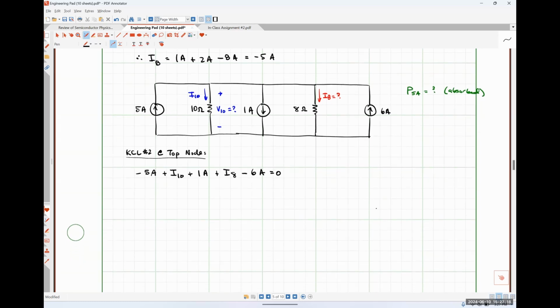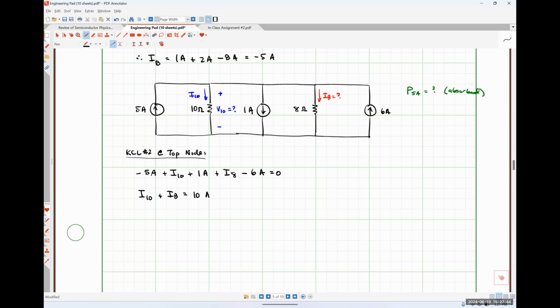So we could rearrange this a little bit, and we would find that I10 plus I8 is equal to 5 plus 6 minus 1, which is equal to 10 amps. Hope you guys are all okay with my algebra and mental math there.